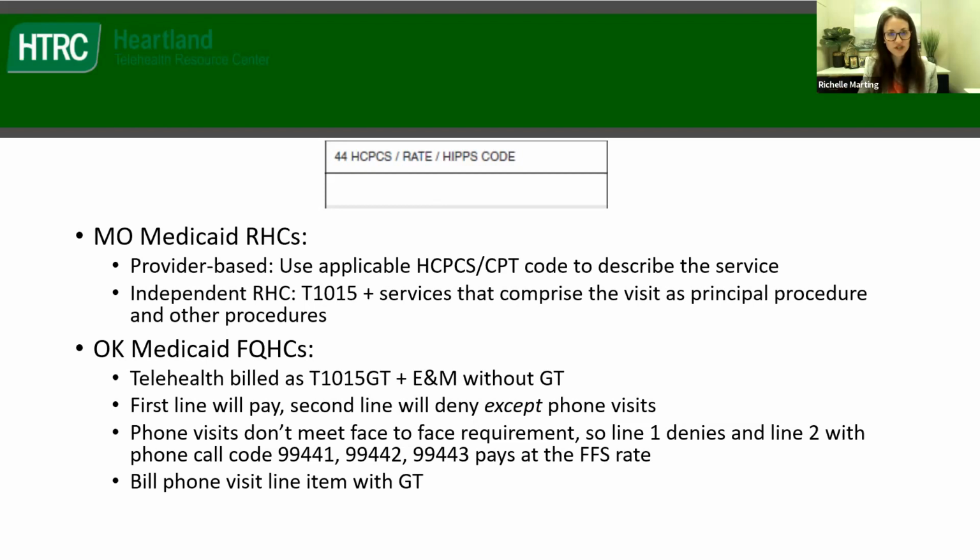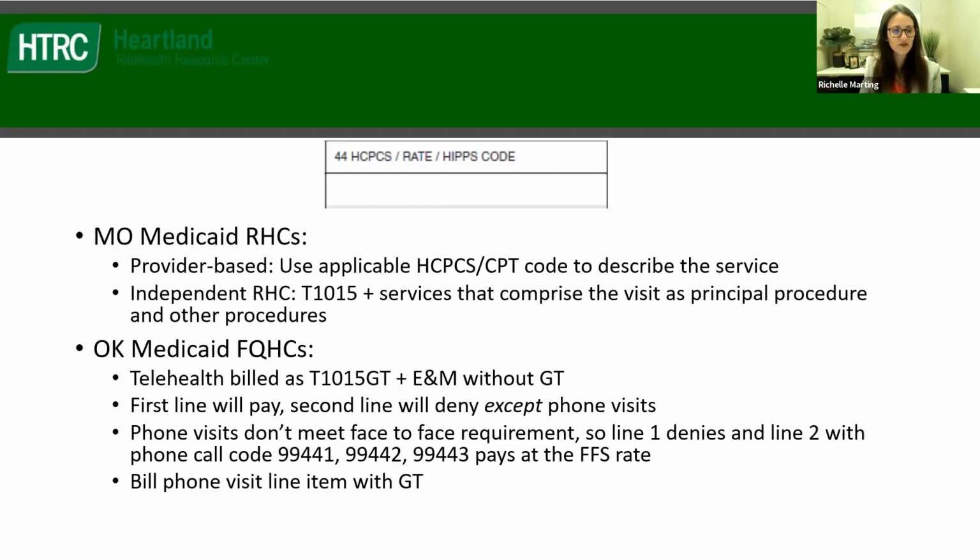What happens when you do that is the first line item is going to pay, the second line item is going to deny. That's the rule unless the service you've provided as a telehealth service was a phone visit, because phone visits don't meet the face-to-face requirement for a qualifying FQHC visit.